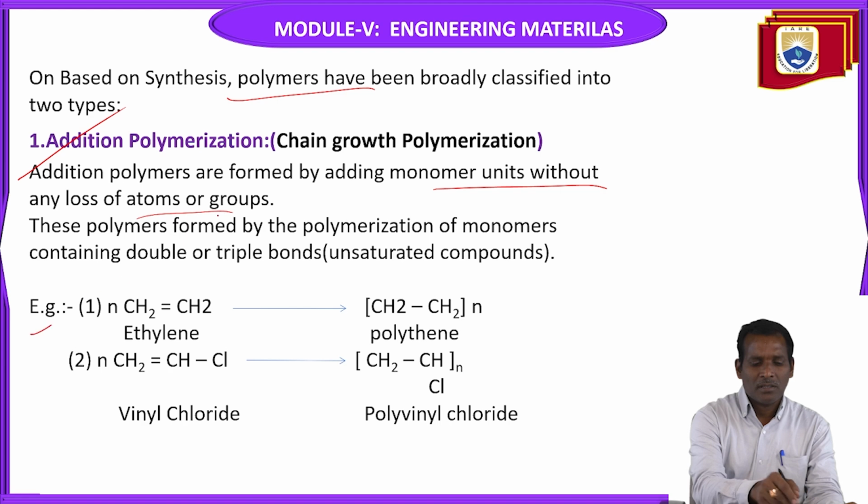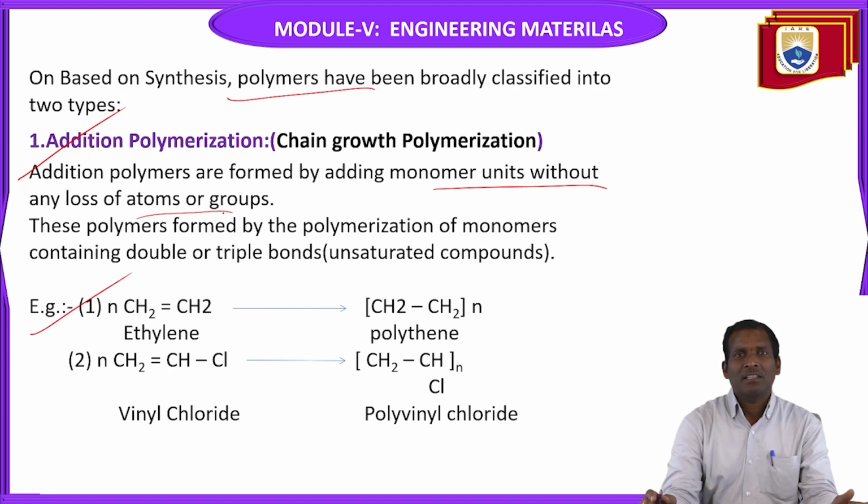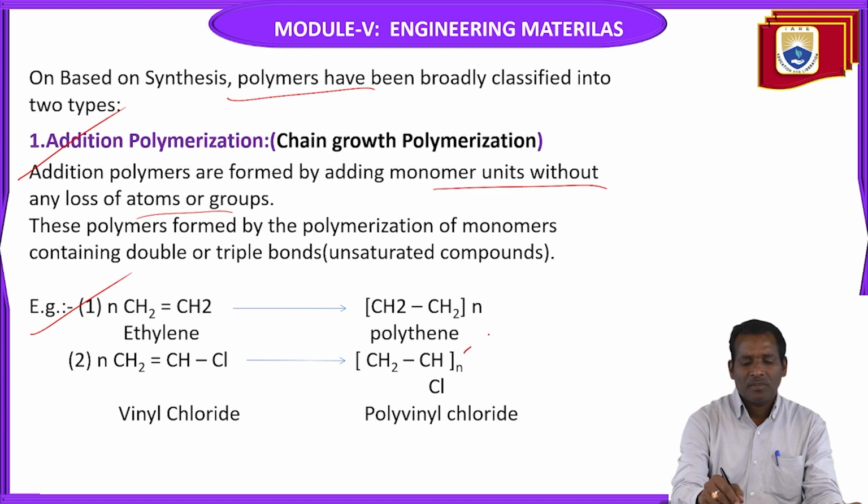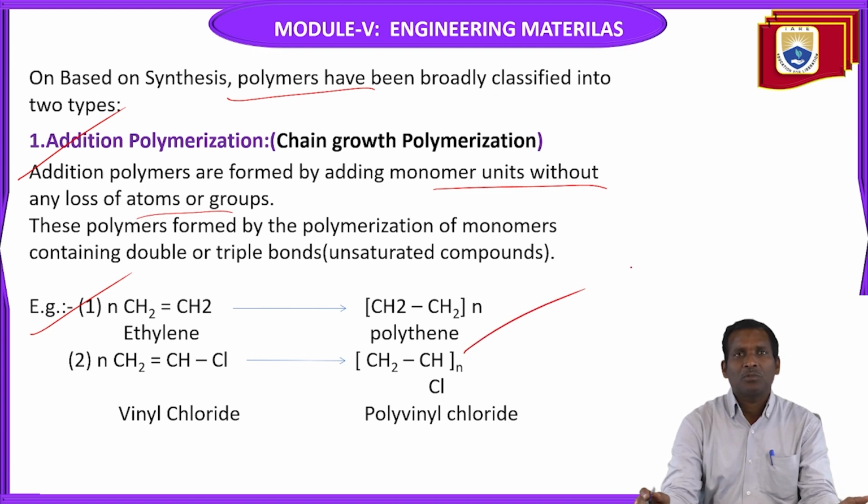See the example shown here, ethylene. Ethylene is a monomer that forms polyethylene after a combination of two or more ethylene monomers. In this there is no loss.